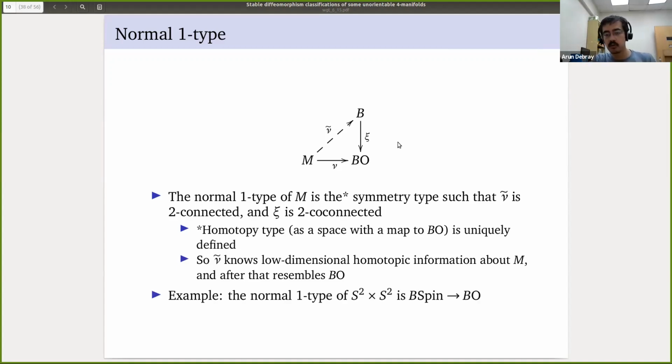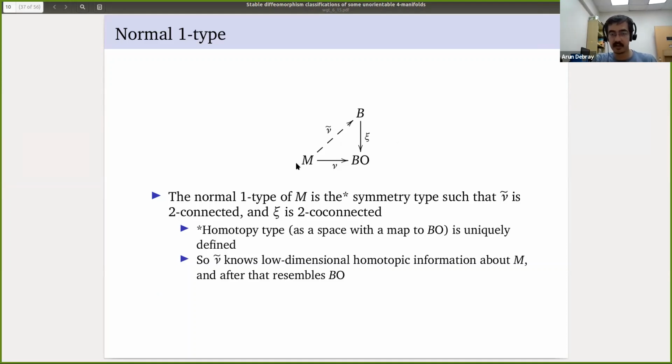So why is this? I claim that the normal 1-type is a stable diffeomorphism invariant. And the idea is that for S2 cross S2, pi_0 and pi_1 are completely trivial, and pi_2 is only scarcely more interesting. And so if you work out the normal 1-type of S2 cross S2, it's sort of the trivial one.